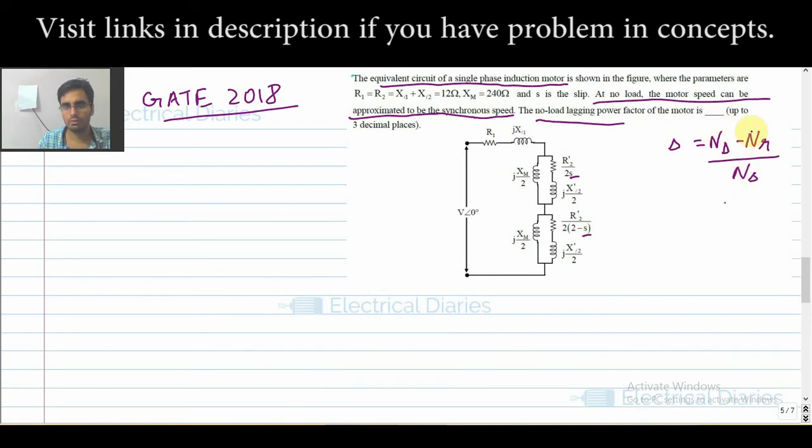At no load the motor speed is approximated as synchronous, so s will be 0. When I put s equal to 0 here, this branch will become infinite, and this will become R2 dash by 4. So simple. The equivalent circuit will be somewhat like this, where I have put the values here.